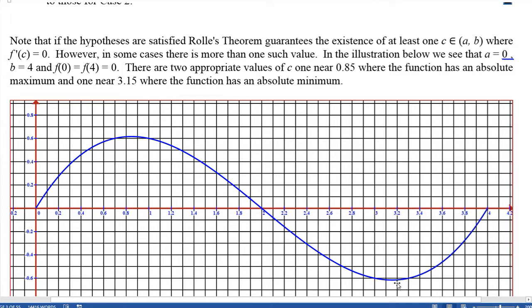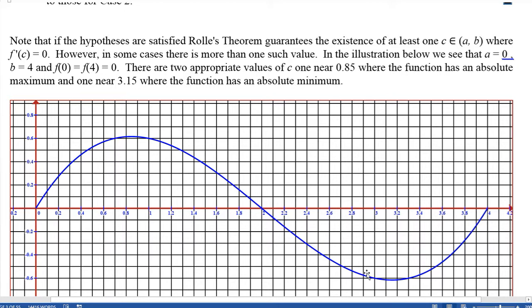And then I guess it's about 3.15 or so, roughly in here, that there's another c value where the derivative is also 0. So there might be more than one such c value. In this case, there's one where it goes above and one where it goes below the endpoints, and there's actually two places where the derivative is 0.